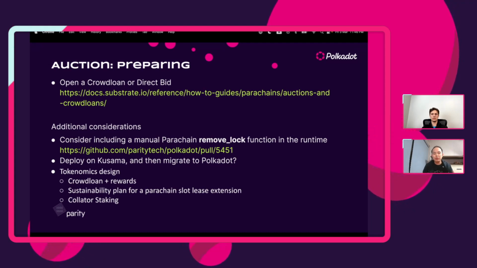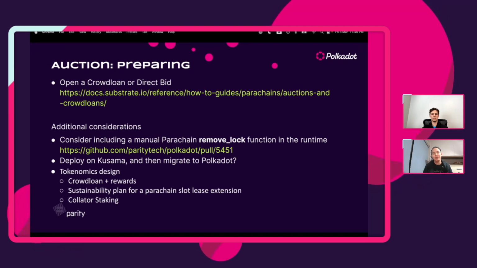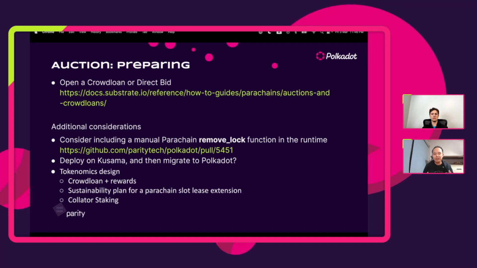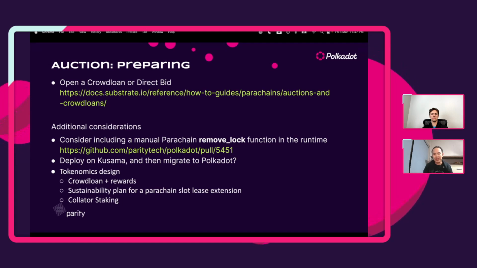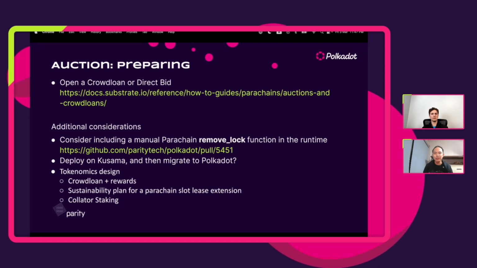Now, what incentive do you have that collators continue to collect transactions at a reasonable pace? So although collator staking is entirely optional, it's definitely a general idea to think about in terms of incentivizing the infrastructure of these collator nodes that collect transactions to then be able to commit them to the relay chain. These are essentially, once again, business decisions, because staking requires incentives and rewards, which once again, you have to think about.